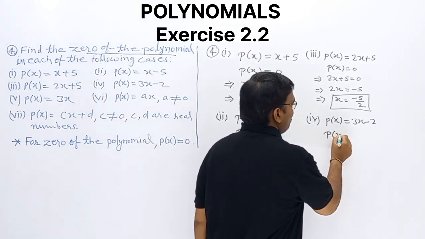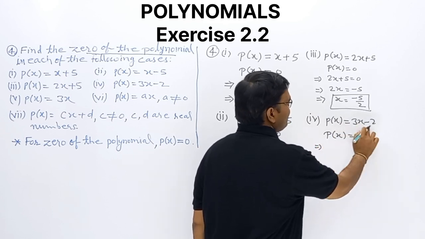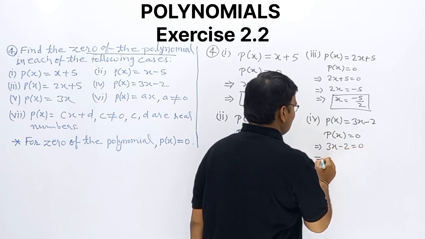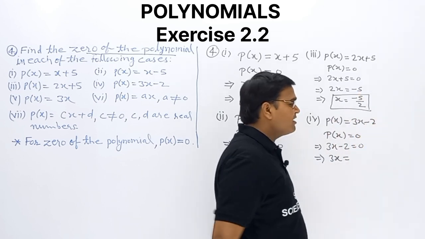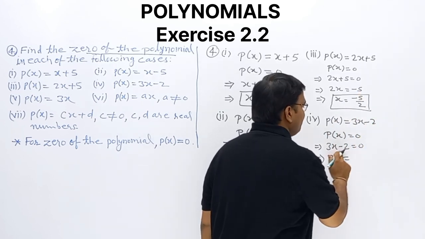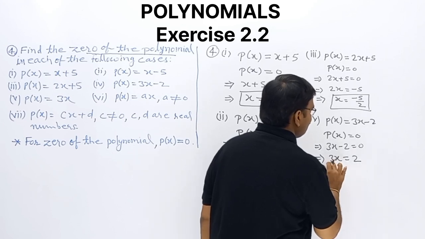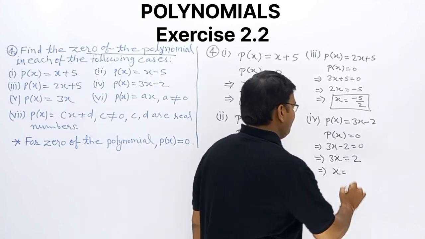So put p of x equal to 0. P of x is this one. Put there: 3x minus 2 equal to 0. Solve this one. The minus 2 will be transposed to the right side, so this will be positive. And what about x? This is in multiplication, so 3 will be in the denominator.